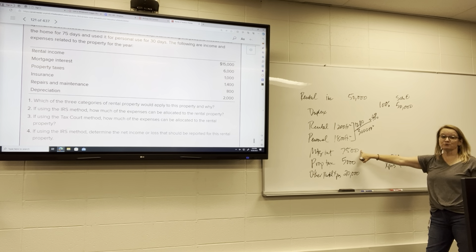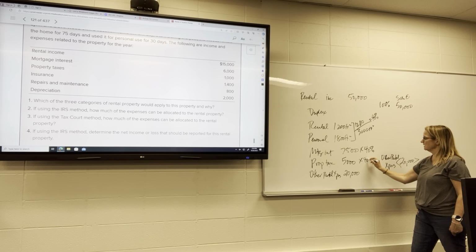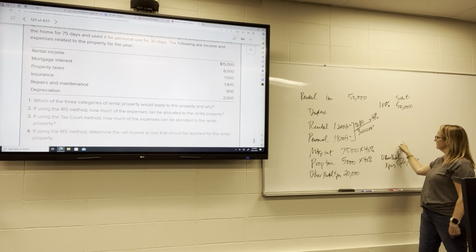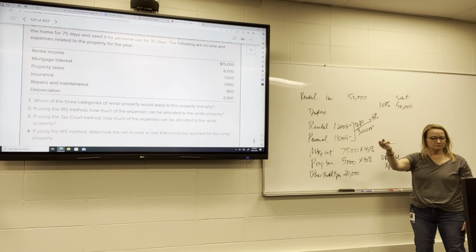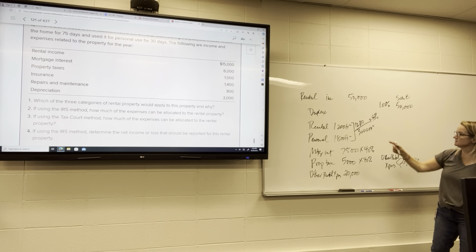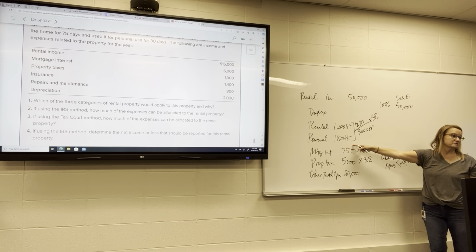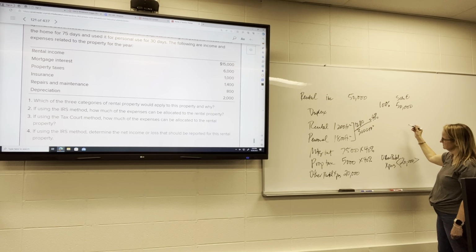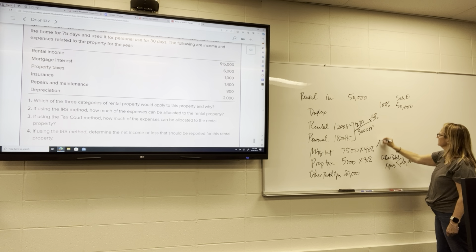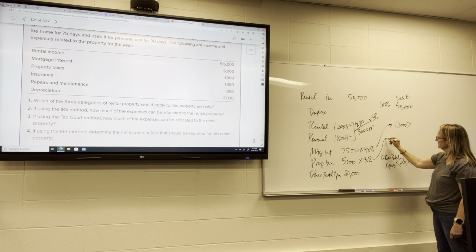All right, so 40% of our mortgage interest and 40% of our property taxes are going to be rental expenses. The rest of them are going to go on the Schedule A because part of it was used for rental, 40% was used for rental, the rest of it was used for personal purposes. Does that make sense? So this one's 3,000. I know this is kind of a hot mess here. And this is 2,000.